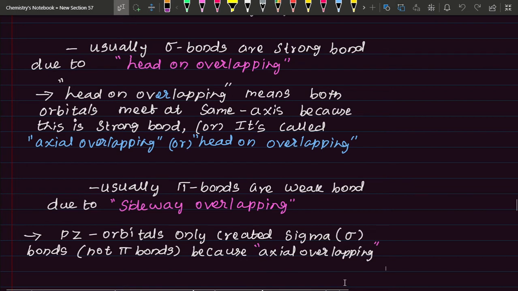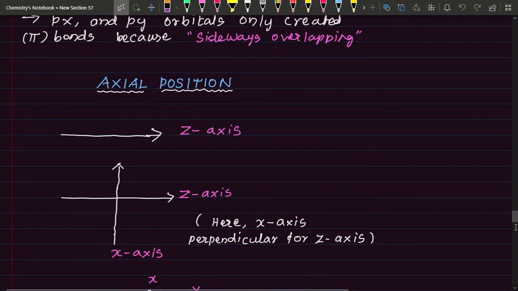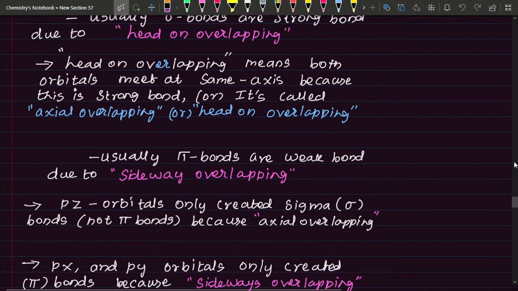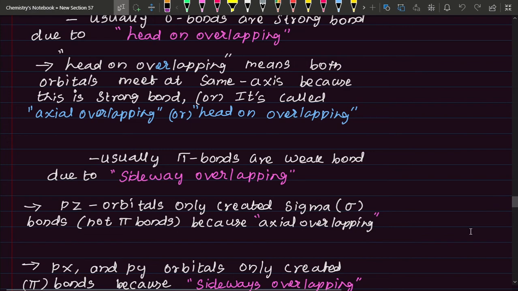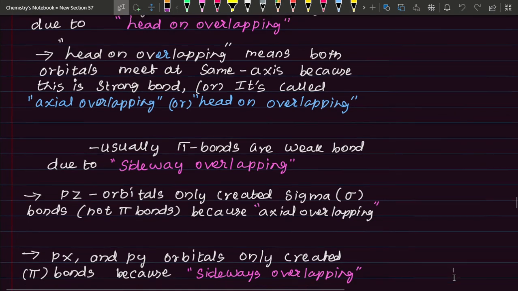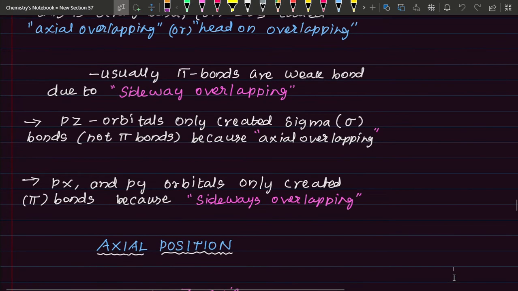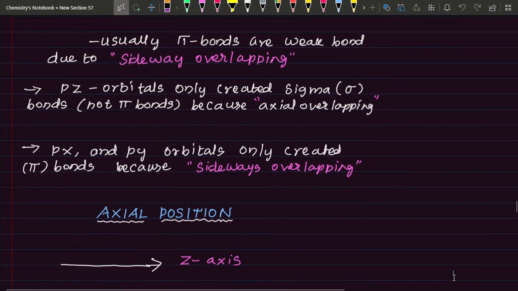Next, see, Px and Py orbitals only create pi bonds because of sideway overlapping. Next, axial position.